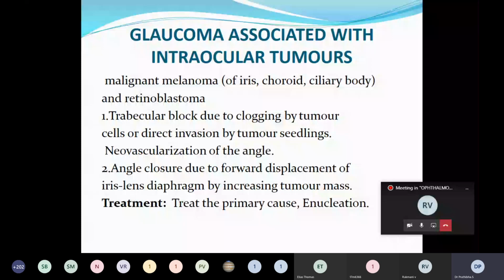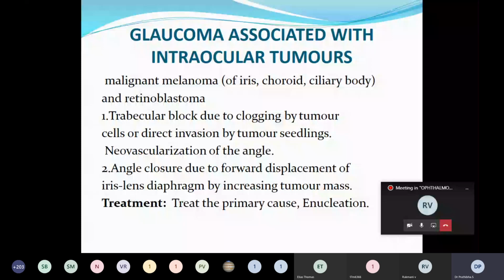Angle closure can occur due to forward displacement of the lens iris diaphragm by an increasing tumor mass. If the tumor is pushing from behind, then there may be angle closure glaucoma also. So what we have to do is treat the primary cause. For all secondary glaucomas, you have to write this one sentence and then go ahead and treat the glaucoma: treat the primary cause.